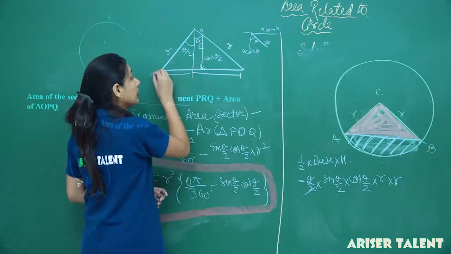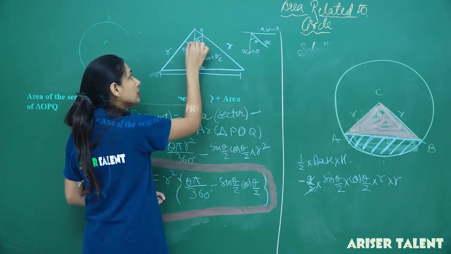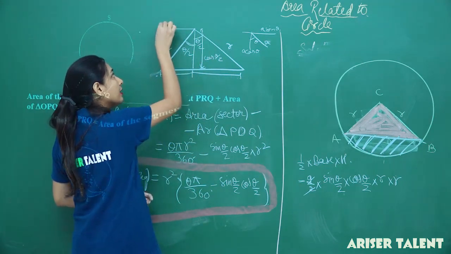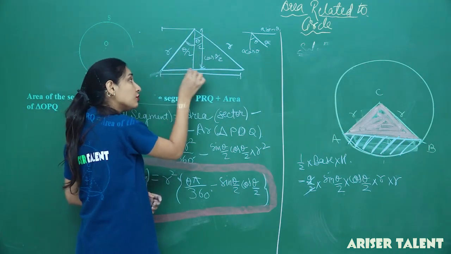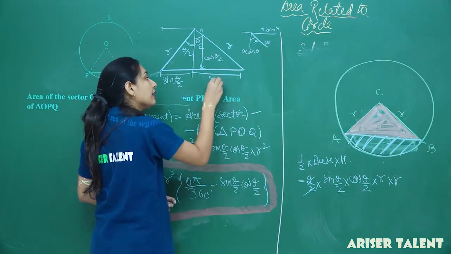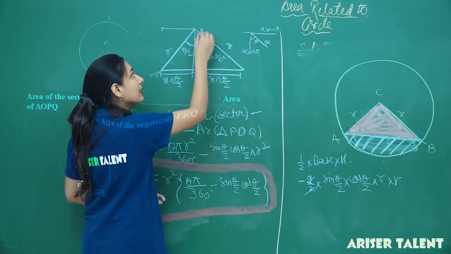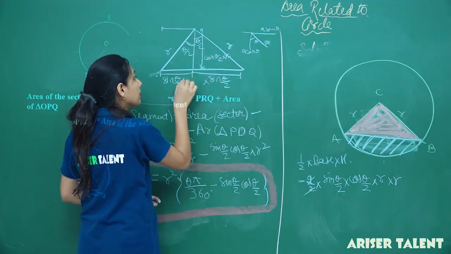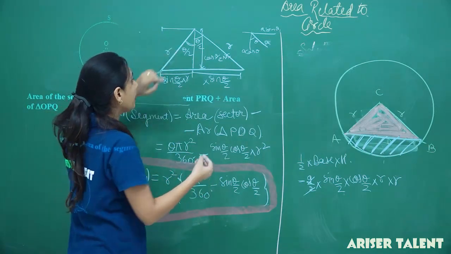Now this base will be equal to what? It consists of this length and this length. Now this is the theta, so this length will be sin theta by 2, and this is parallel to this, so that will again be sin theta by 2, all multiplied by this radius R, because these are the components of R over there.